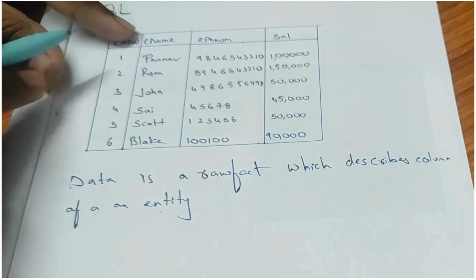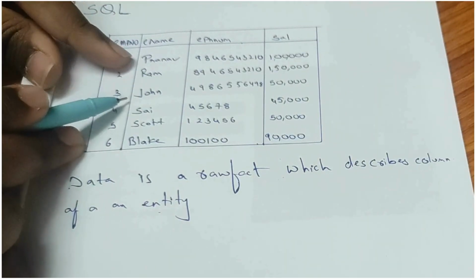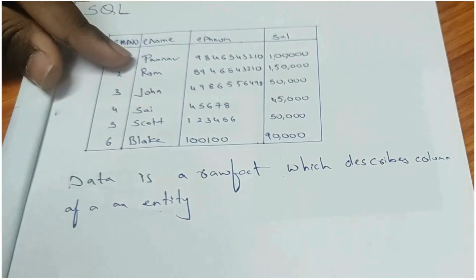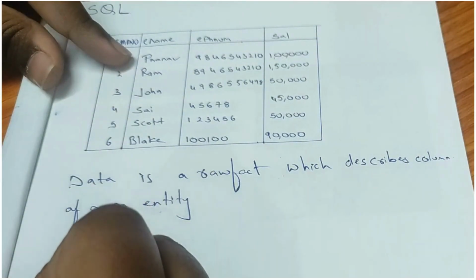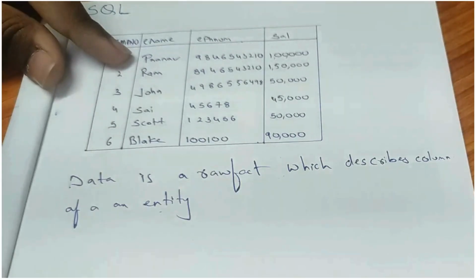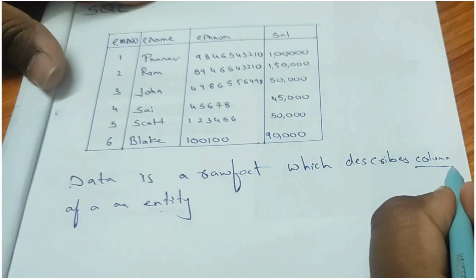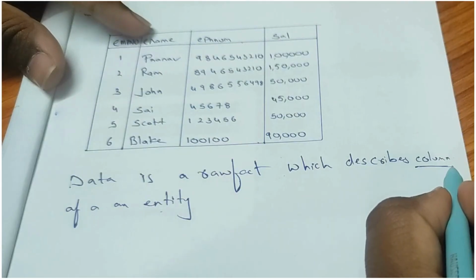Entity is nothing but these names Pranav, Ram, John, like this. So this is nothing but an entity. We can call a column by another name, attributes, in SQL.